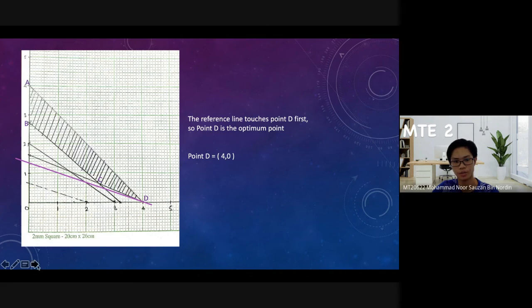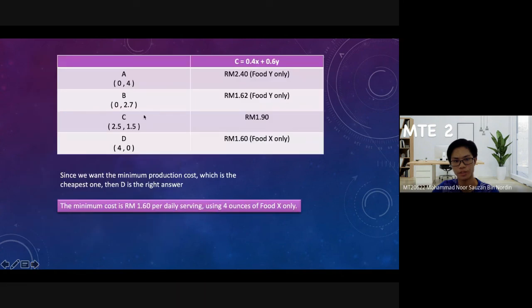And you can prove that by taking all of the points A, B, C, and D and substituting them into the objective function C equals 0.4x plus 0.6y. And we will get this. For A, we will get 22 ringgit and 40 cents with food y only, because as you can see, for x it is 0, so x will be 0.